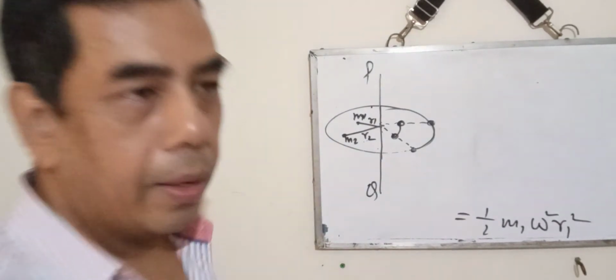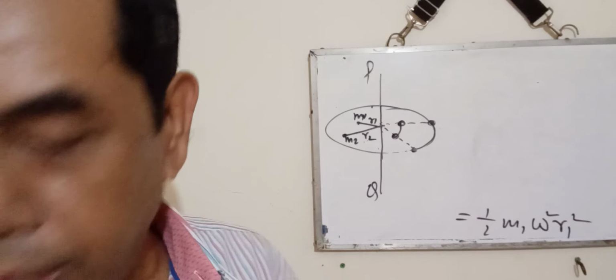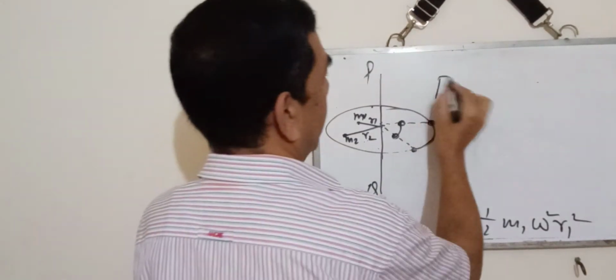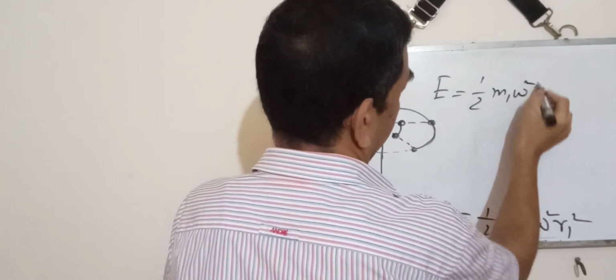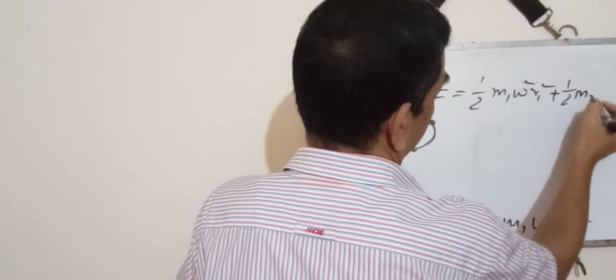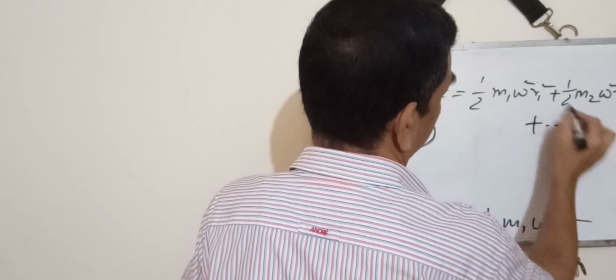Similarly for the m2 mass, m3 mass, m4 mass, the total kinetic energy will be half m1 omega square r1 square plus half m2 omega square r2 square plus and so on.